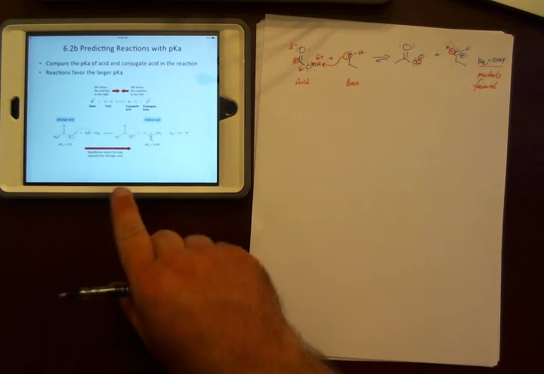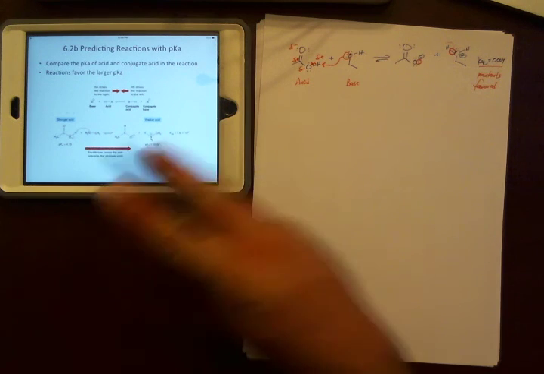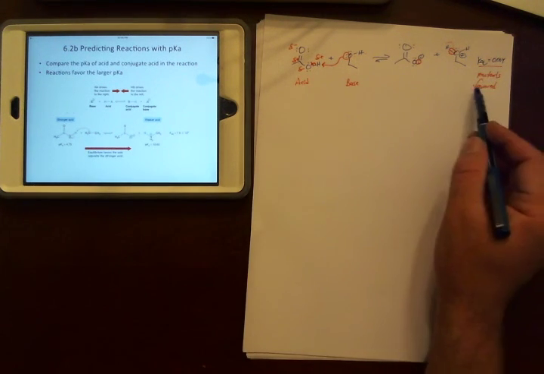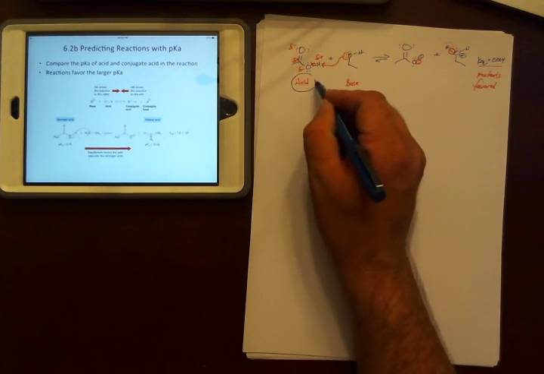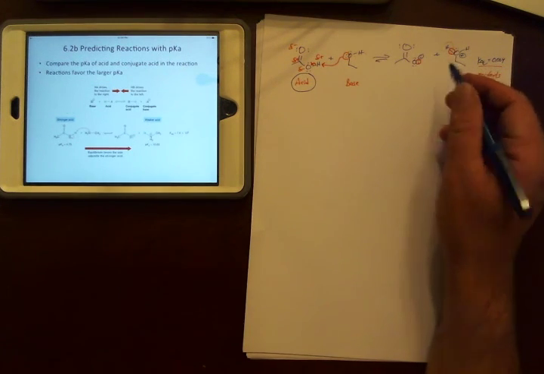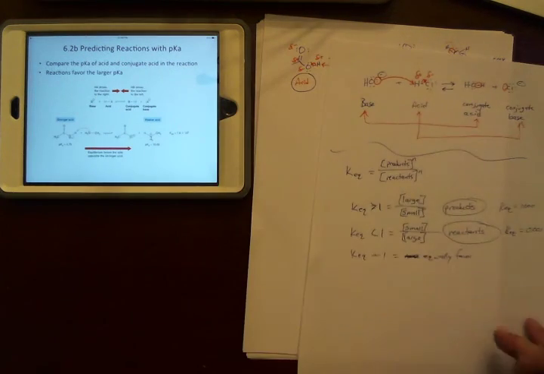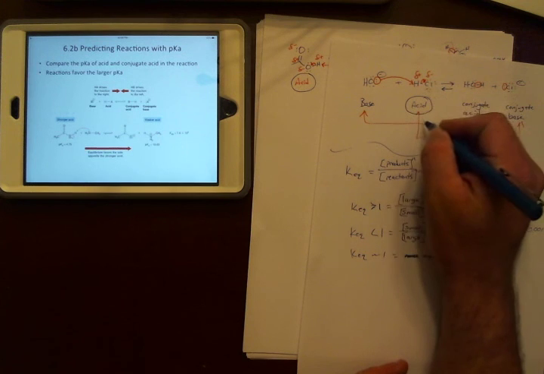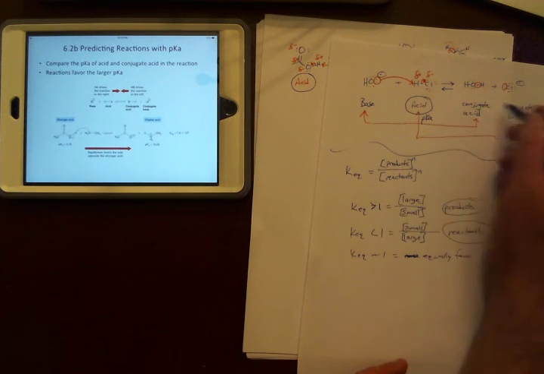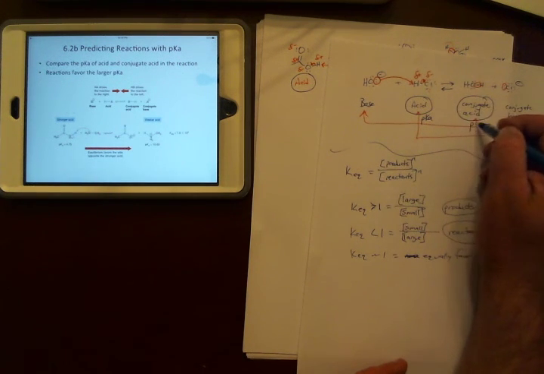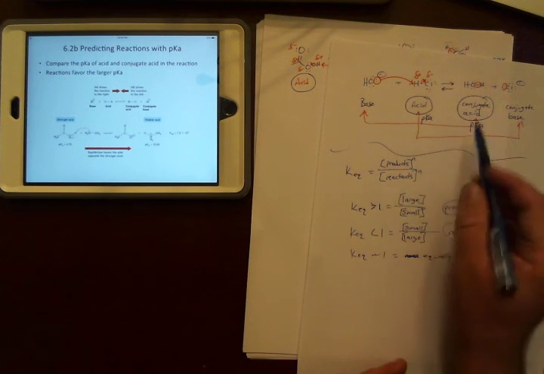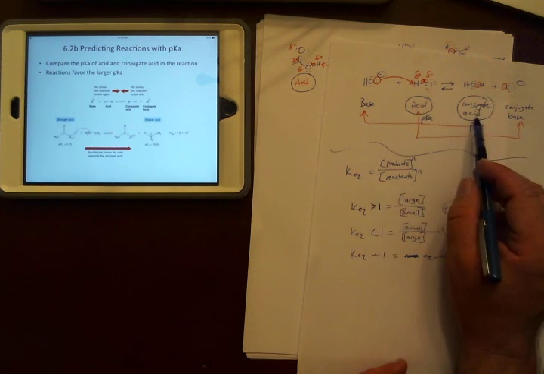Okay, so predicting reactions. When you run these reactions, you're going to want to compare the pKa of the acid on this side to the pKa of the conjugate acid on this side. The acid to the conjugate acid.